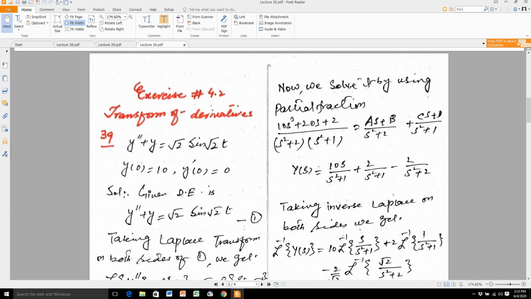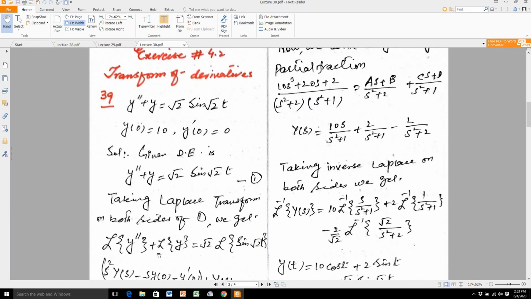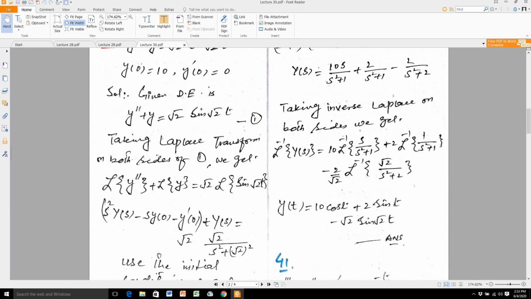Our first step is to take Laplace transform on both sides of equation number 1. When we apply the Laplace transform on equation number 1, we get Laplace of y double prime plus Laplace of y is equal to square root 2 Laplace of sine square root 2t. And you know that the Laplace of y double prime is s square Y of s minus s y of 0 minus y prime of 0.